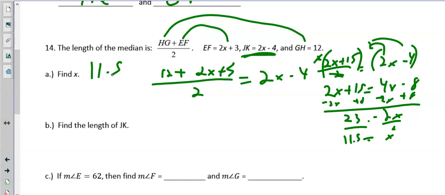It's okay. Now, the length of JK is 2x minus 4. Well, 2 times 11.5 is 23, minus 4 is 19.